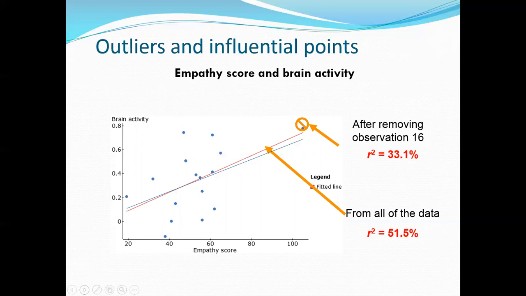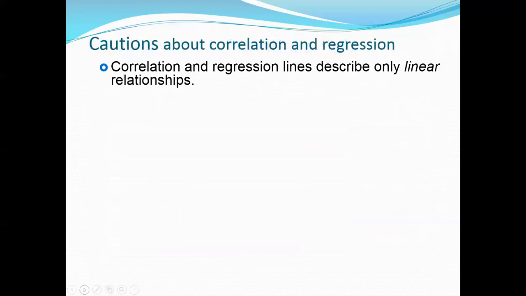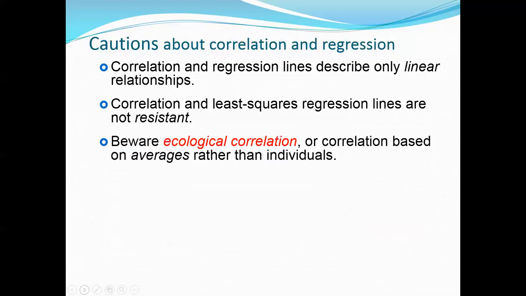So correlation and regression lines describe only linear relationships. Correlation and least squares regression lines are not resistant. So we saw removing one entry pulled the line to a different location.